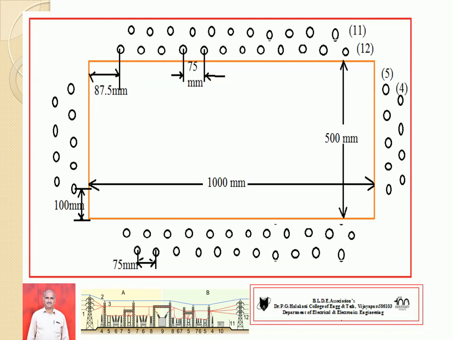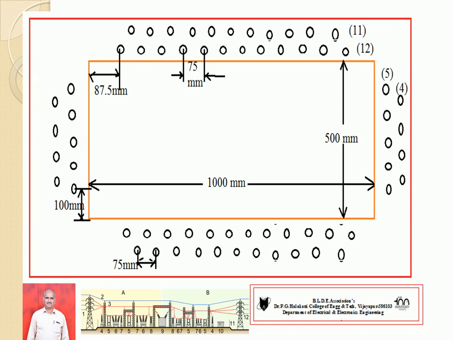So we are going to get a value. This value should be subtracted from 1000 mm. What value comes, divided by 2, we are going to get 87.5 mm on both sides. This is the clearance between the surface of tank and tubes.